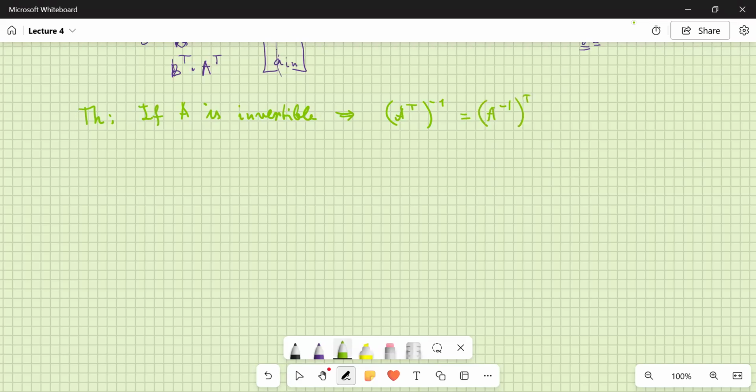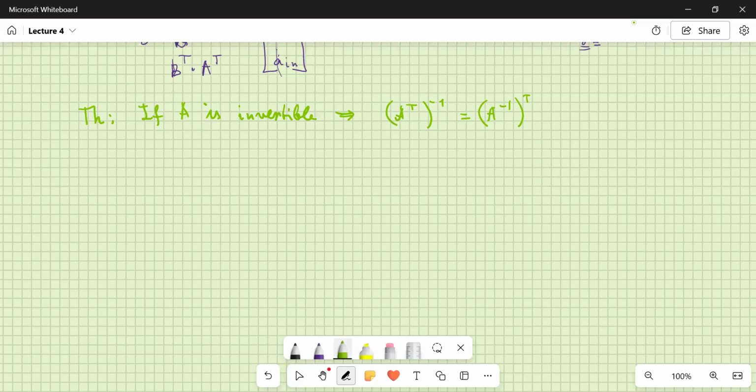It looks a bit crazy when you see it as one short formula, but the idea is you have matrix A. We can find the inverse of it. Now, if you do the transpose of that matrix A, the inverse of that transpose is going to be just the transpose of the inverse, which you already have. So you don't need to repeat actually finding the inverse. You just can take your old inverse, transpose it, and that's going to produce the inverse of the transpose matrix.